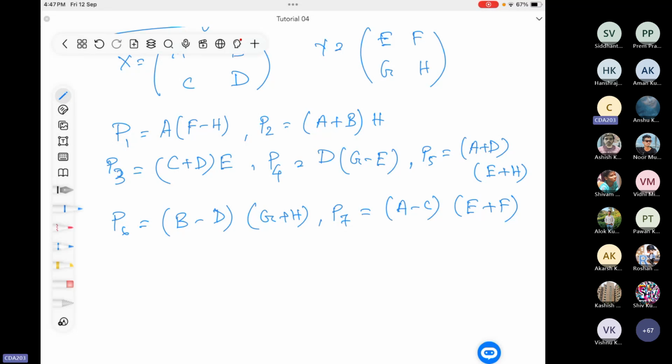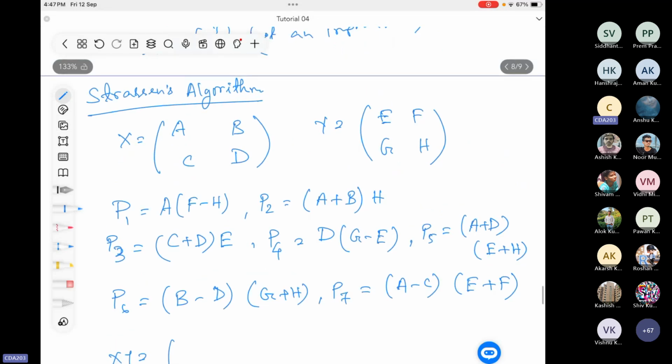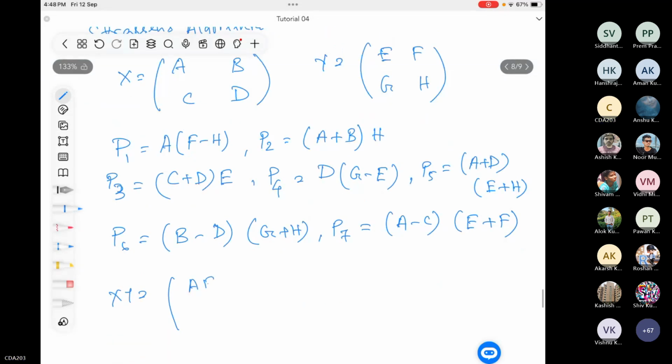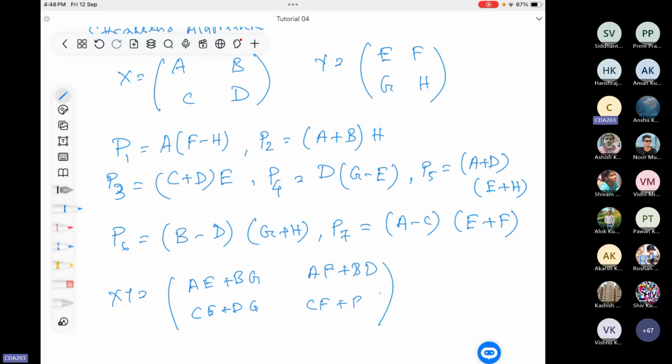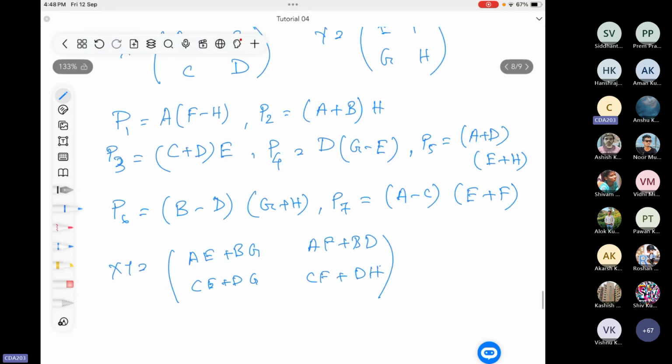Now we claim that if we multiply XY, then what we get is AE plus BG, AF plus BH, CE plus DG, CF plus DH.